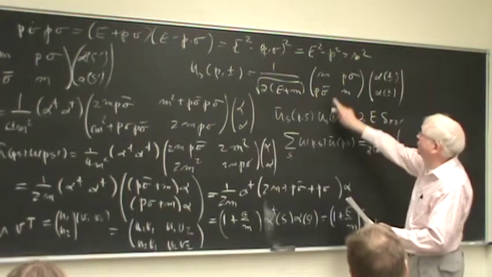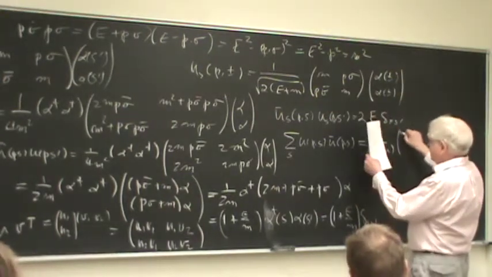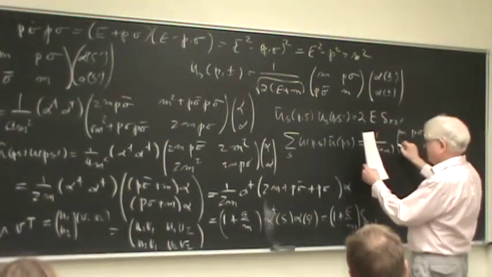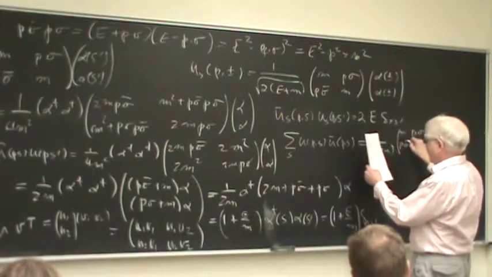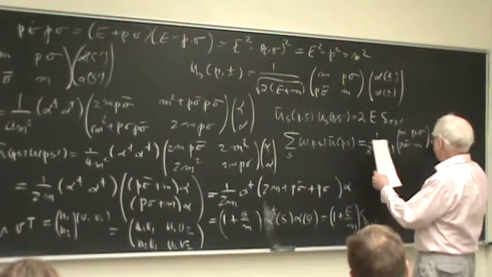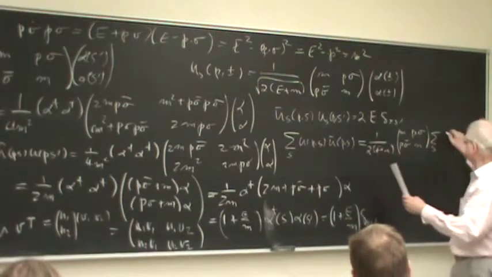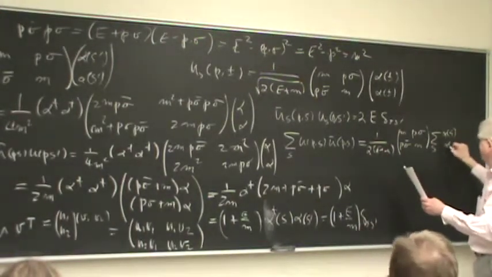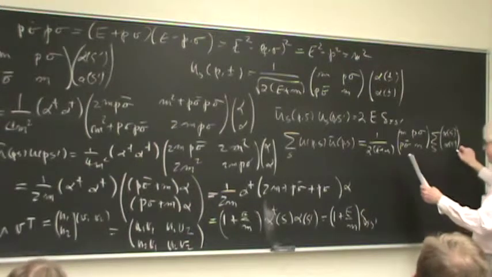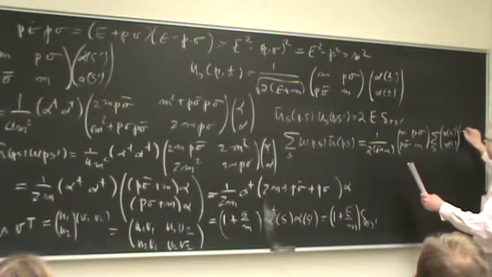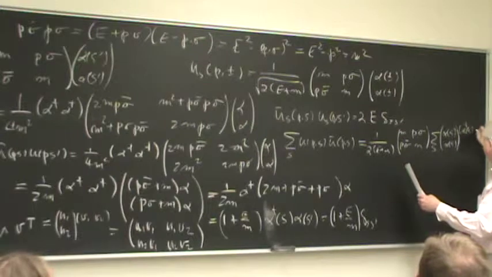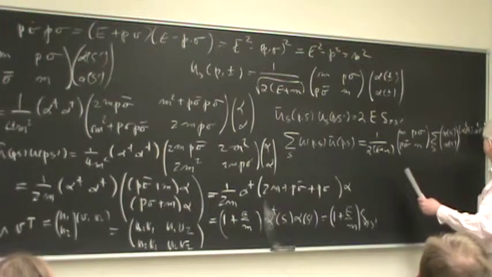We have the u, well, that's this. So that's m, p sigma bar m. And now we have a sum over s of alpha of s, that's the 2-vector, and then we have alpha dagger of s, alpha dagger of s.